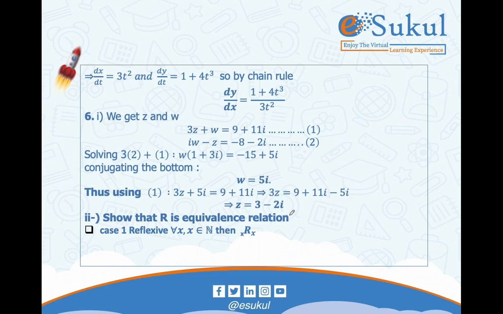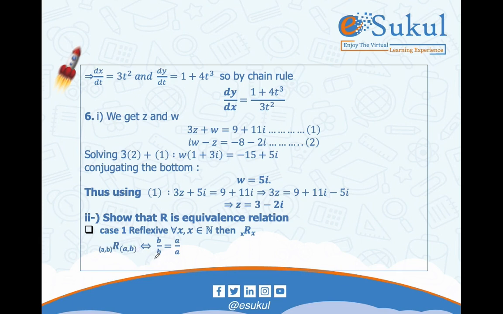For it to be reflexive, we remind ourselves that it will be reflexive if all the points picked in the set, which is the set of natural numbers, relate to themselves. So having our definition, we can have (a, b) as other pairs relating (a, b).